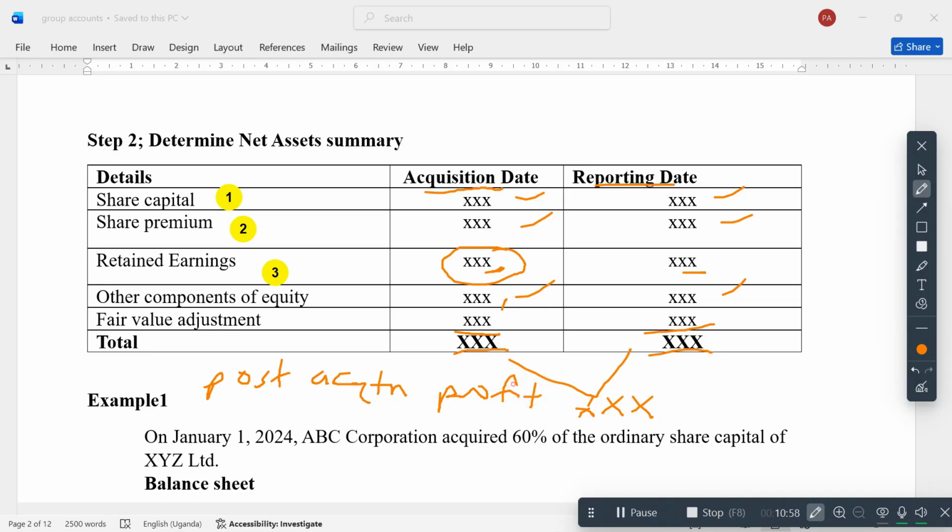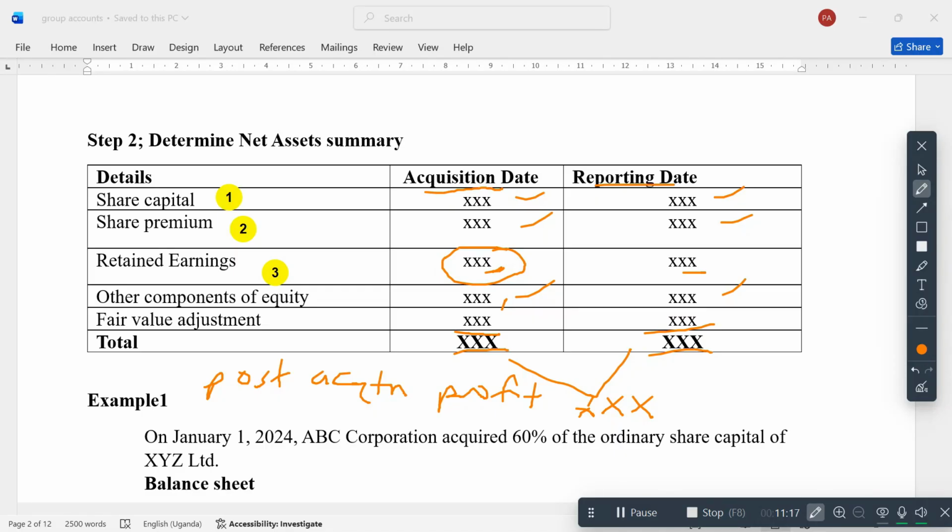I prefer using profit because we are going to be using profit as we move on. Post acquisition profit. How do you get it? The total net asset at reporting date minus total asset at acquisition date. The difference you get, you will have what we call post acquisition profit or the movement.